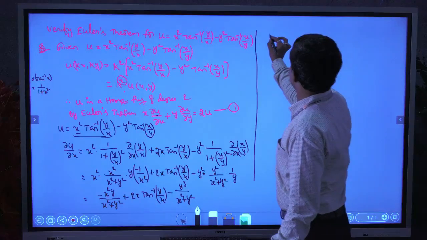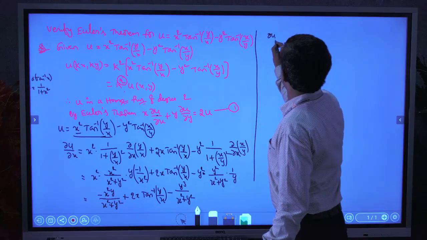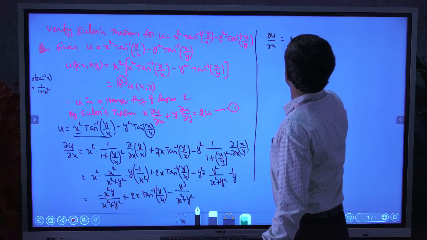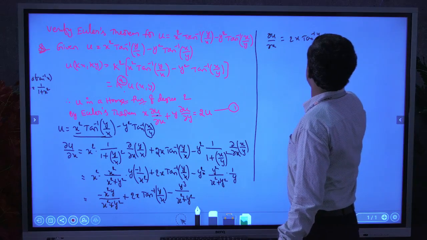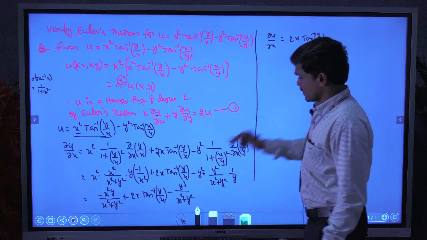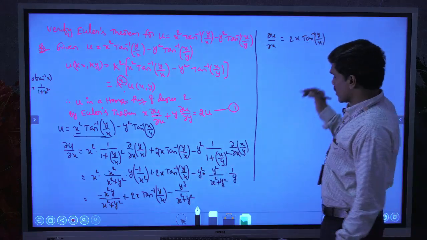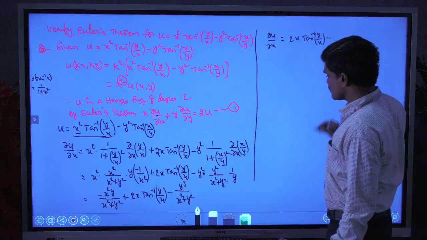Now here minus x square y, here minus y cube, so take y square common. So first write ∂u/∂x value: first write the positive term 2x tan inverse of y by x, right? Write this term, then again take common minus.